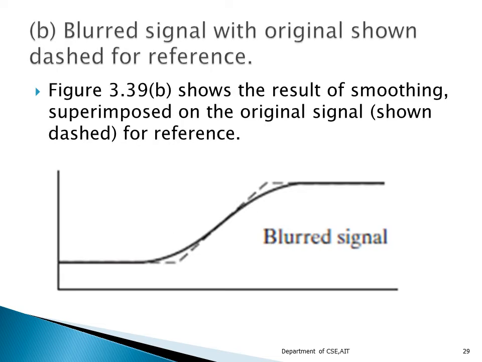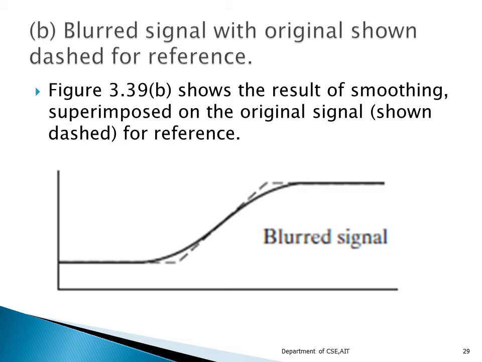This is the result we get when I apply my smoothing on my original signal. You can see that the signal will be blurred. The dashed line over here is my original signal, and the continuous line is the blurred signal.